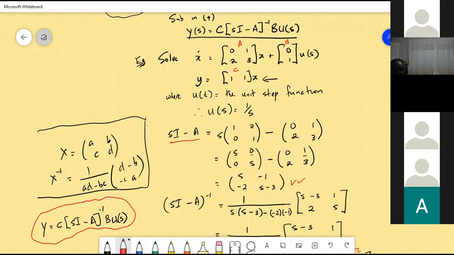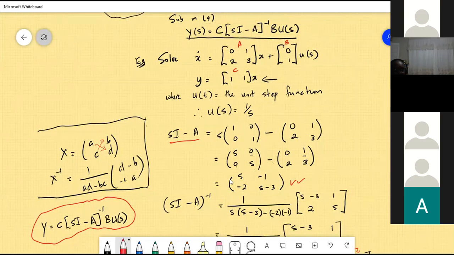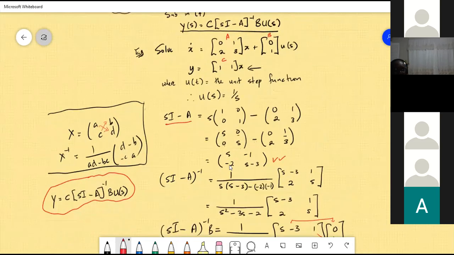Then we have to write down the inverse. The inverse is 1 over the determinant. So the determinant is s times (s minus 3) minus 2 times minus 1. So I ended up with, as my determinant, 1 over s squared minus 3s minus 2.